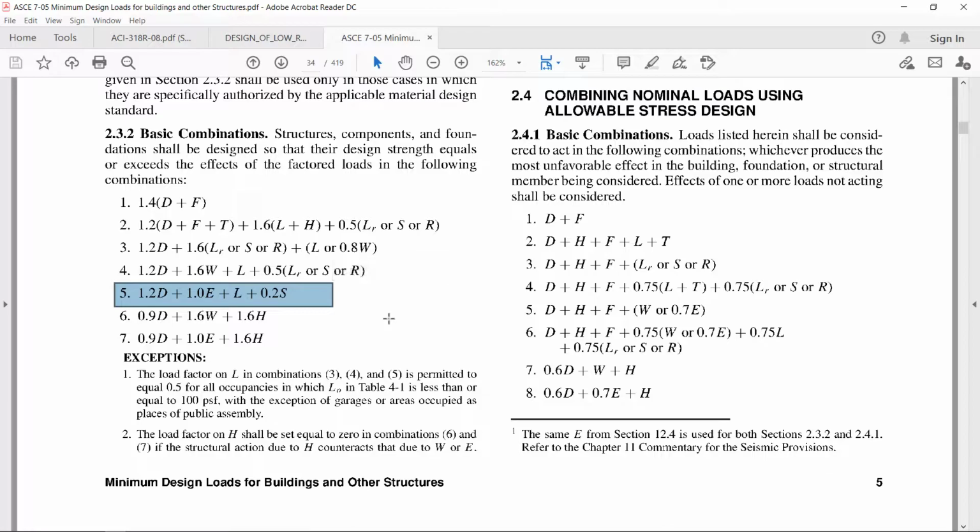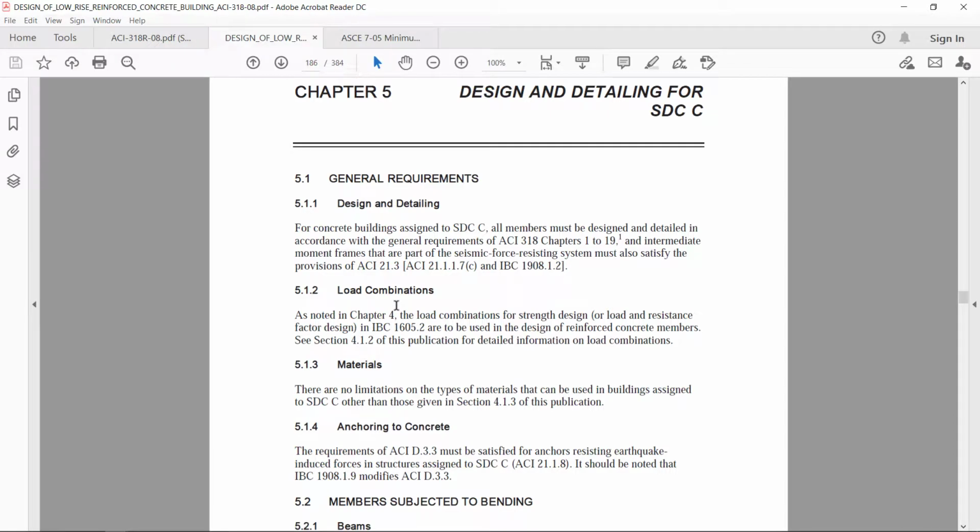Here the coefficient for earthquake is taken as 1, but it is explained that the live load factor can be taken as 0.5 if the load is less. So what actually has been done in this solved example, the load combination considered was with a factor of 0.5 with live load.